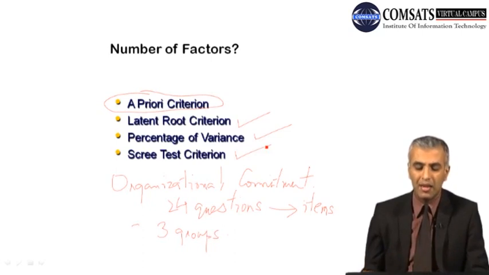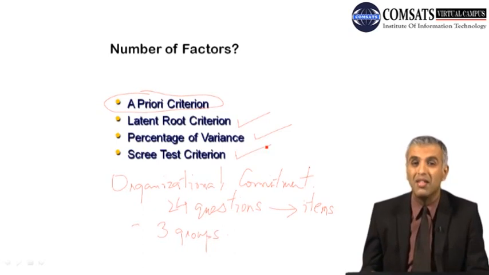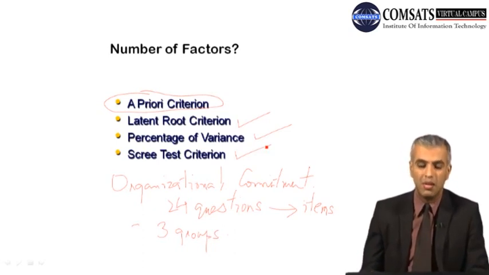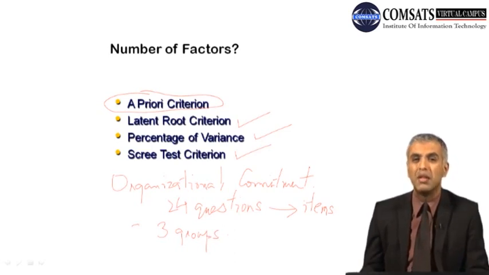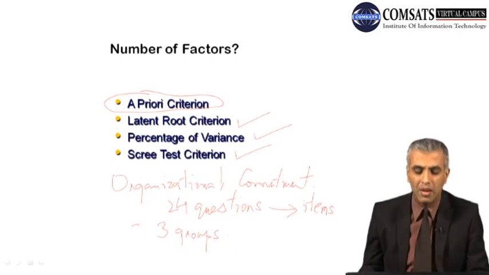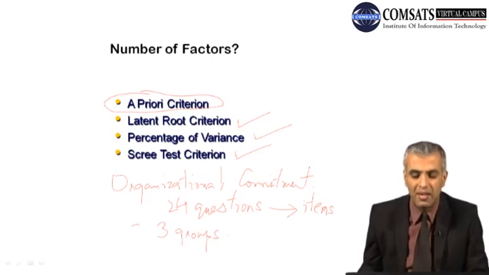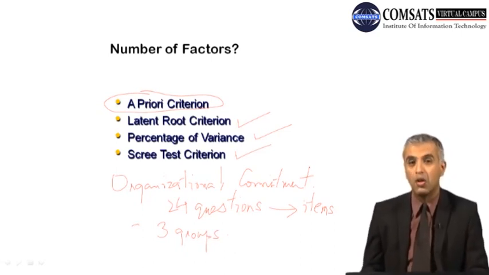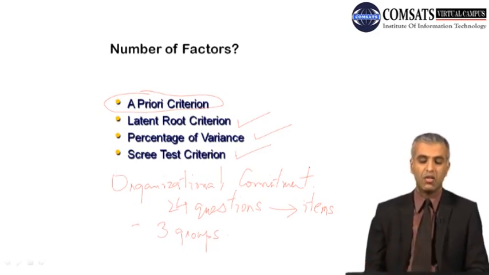Then again the debate comes on, let's say we have stated 3 statistical tools, but it is very important which one should be taken. Normally we look at the results of all these 3 criteria in order to finally judge what type of factors may exist.